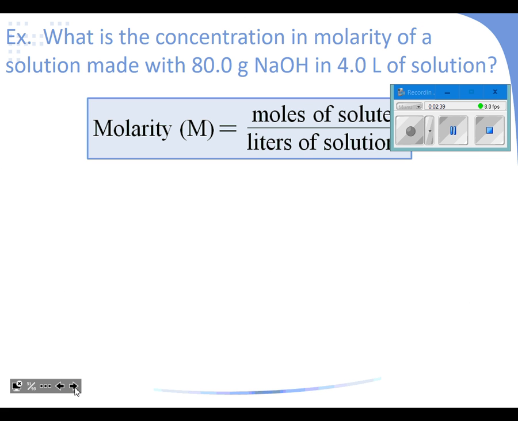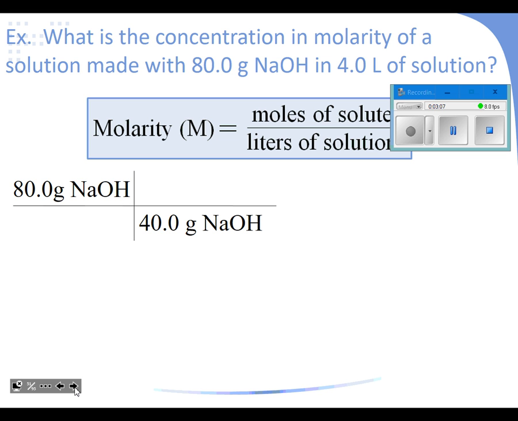So what is the concentration in molarity of a solution made of 80 grams of NaOH in a 4-liter solution? We first have to change grams to moles, and this is where we'll need to remember that 1 mole is equal to the molar mass, or the GFM, of that compound.